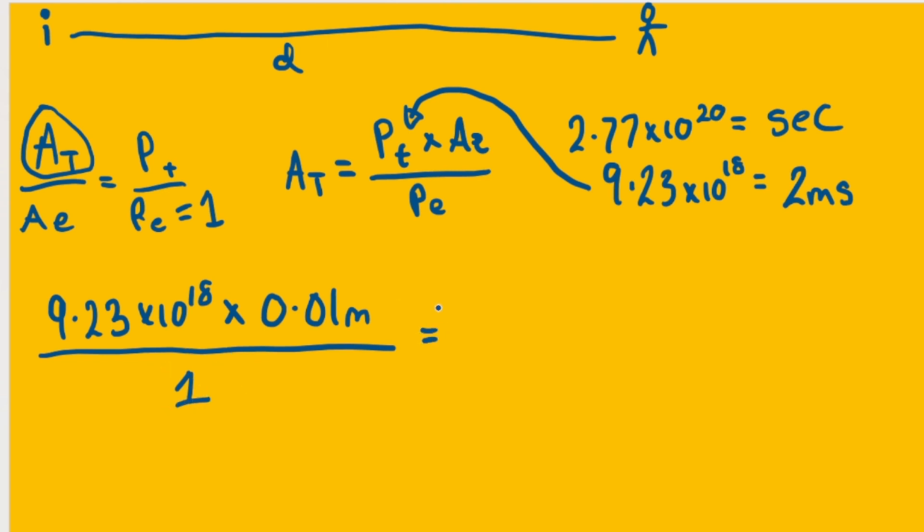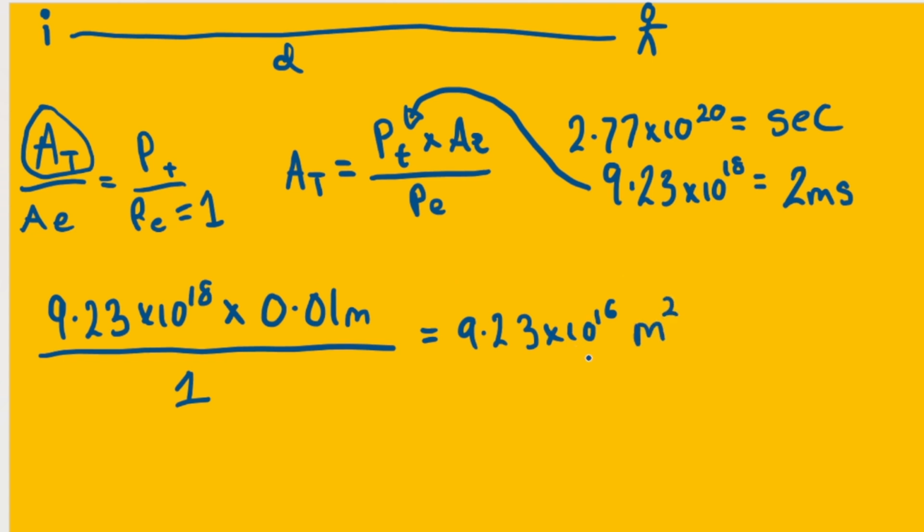So if we do 9.23 times 10 to the 18 in brackets times by 0.01 divided by 1 gives us 9.23 times 10 to the 16. And that's going to be the total area, so it's going to be meters squared.